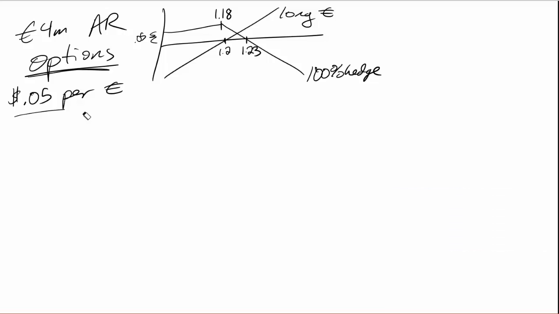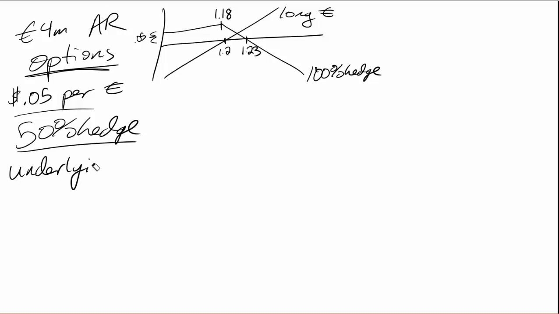The other way is that we can come down here and do this as a 50% hedge. If we are unhedged, we look at the underlying. If the price were to go down from 120 to 116, we would have lost essentially 4 cents on the underlying.